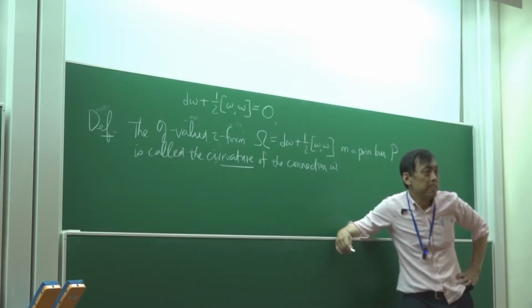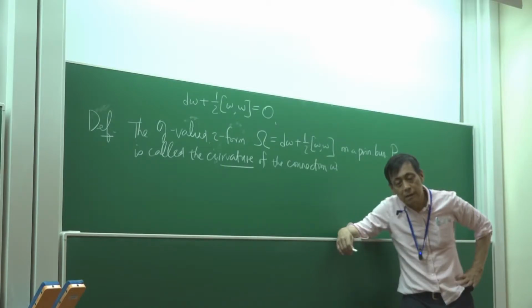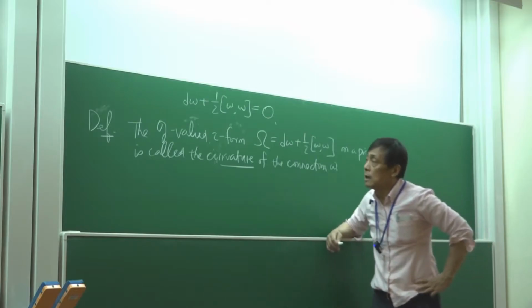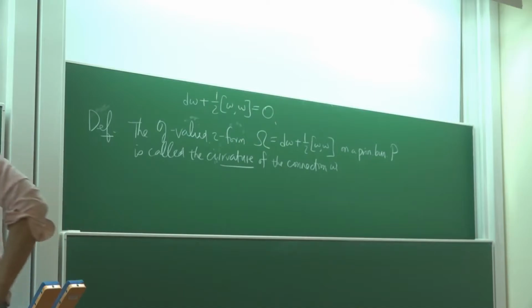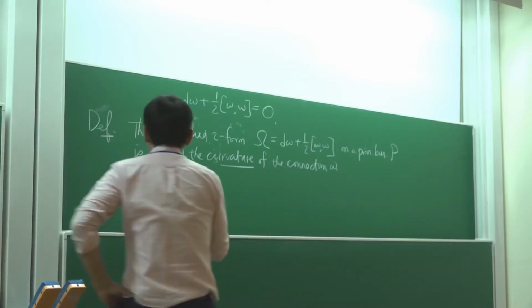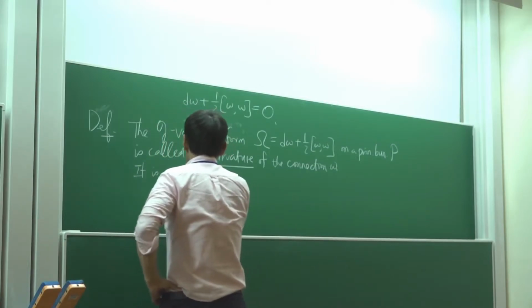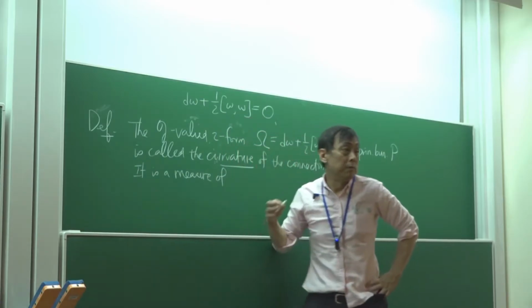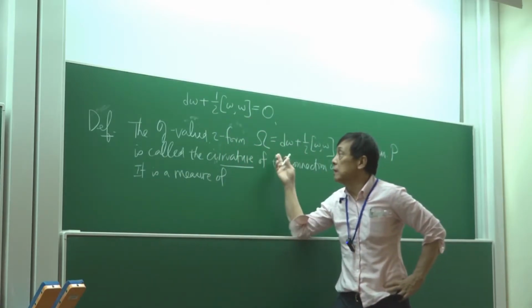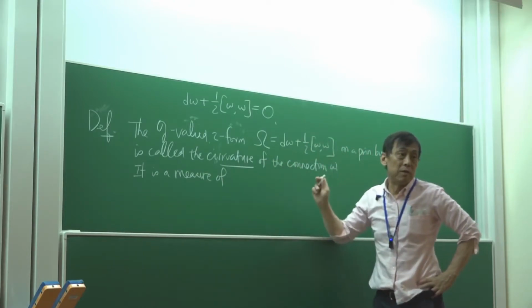Okay. And for the Maurer-Cartan connection it is 0. So it's a measure of how different your connection is from the Maurer-Cartan connection.